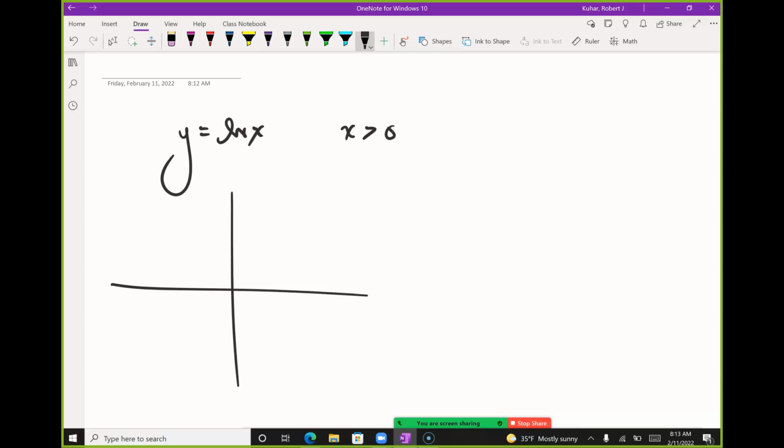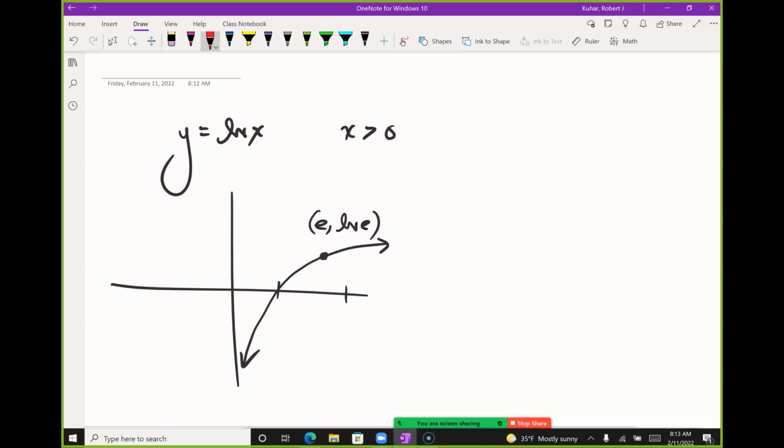We know the picture of the ln. If we don't, we're graphing it. And let's pick e as our value. We know e is in there, right? So this is e comma ln of e, right? And of course ln of e is 1, yes?